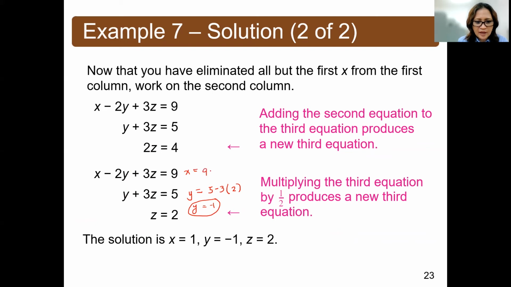You will have 9 plus 2y, but y is negative 1, minus 3z, but z is equal to 2. So you have 9 minus 2 is 7, minus 6 is 1. Hence, x is equivalent to 1. We can write the solution in coordinate form: x is 1, y is negative 1, and z is 2.